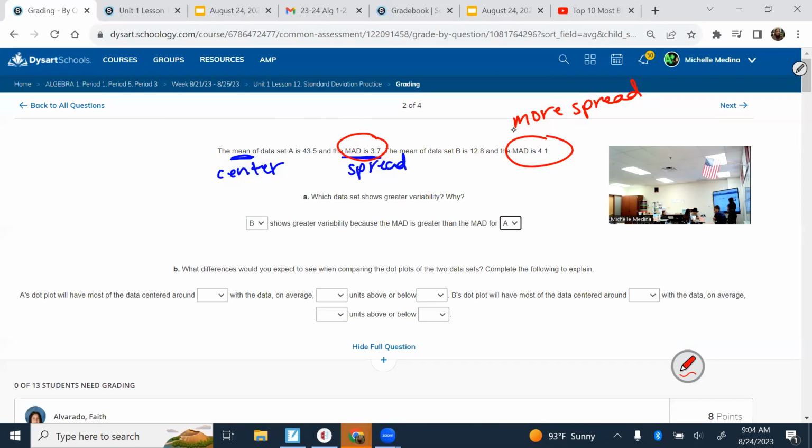So the mean of A is 43.5, so we should expect our dot plot to be around 43.5 for the numbers, and this one around 12.8 for that mean. Okay, so in that case, fill in the blanks. A's dot plot will have most of the data centered around 3.7 or 43.5.